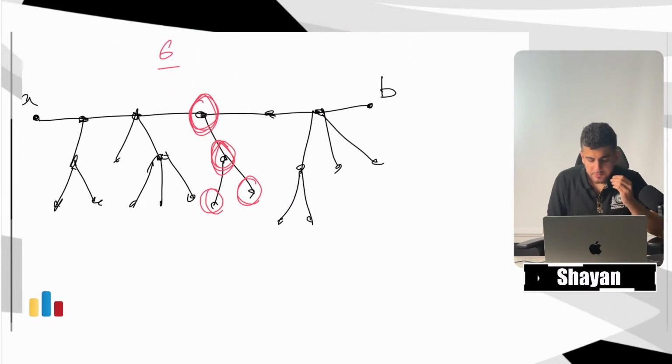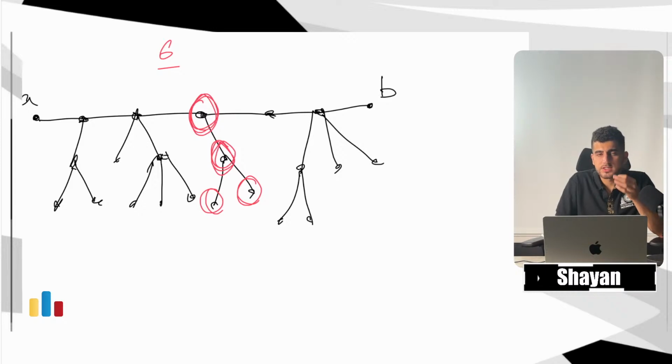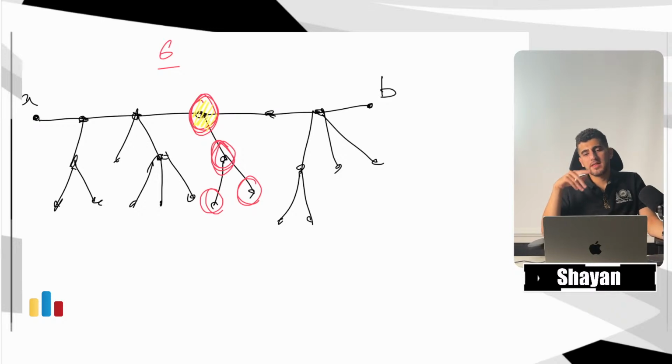But among them, we will choose the one that is closest to A. Which one is closest to A? This one. So in other words, each time when we give A and B, it will return to us the middle vertex of the path from A to B.